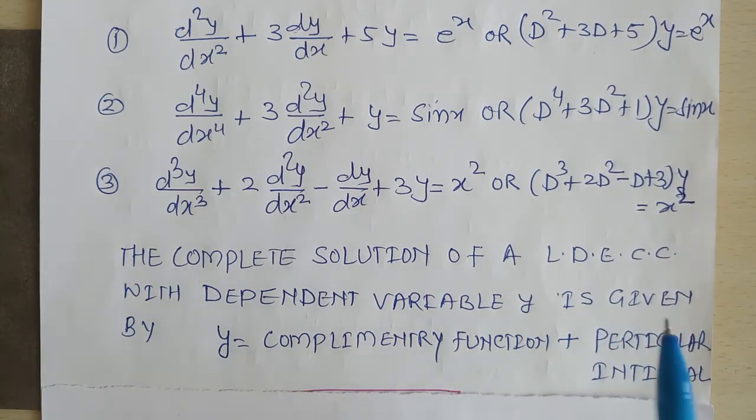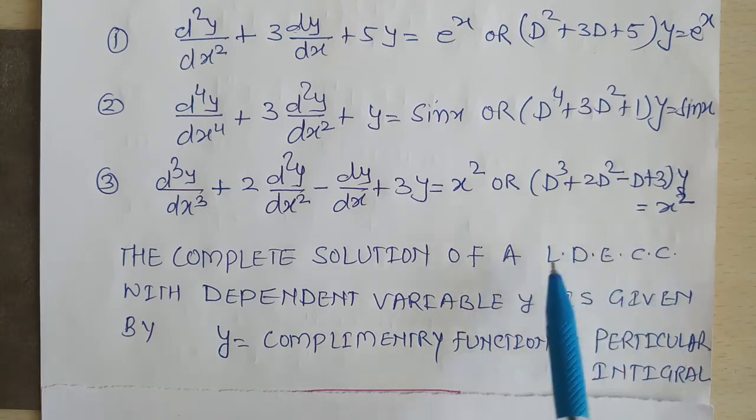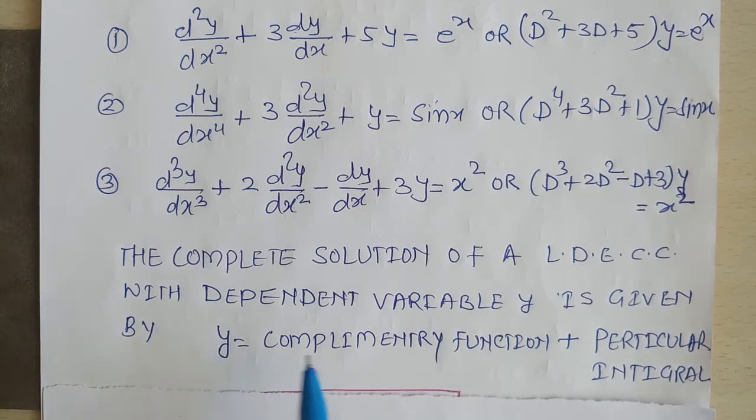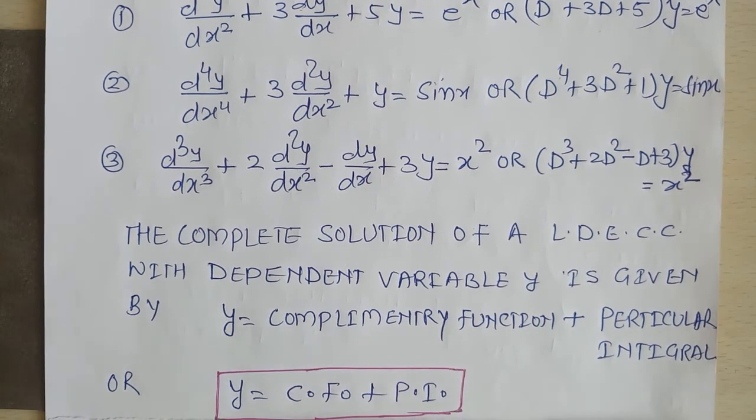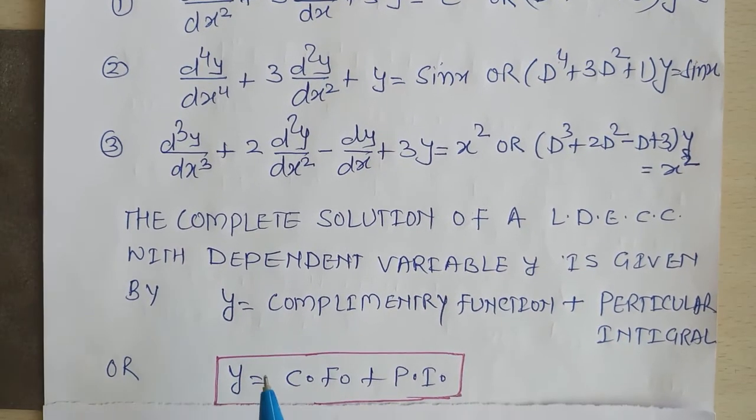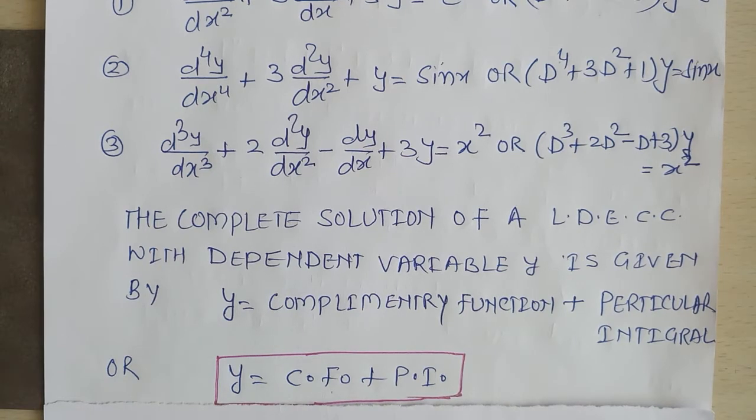So the solution of LDCC consists of two parts, complementary function plus particular integral. In short, we write the complete solution of LDCC as y equal to CF plus PI.